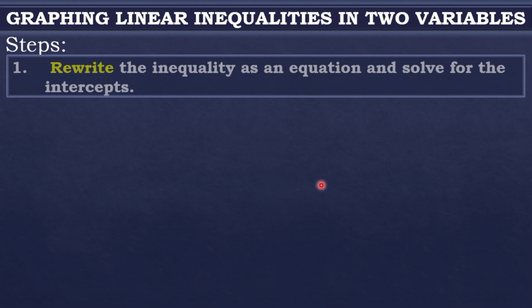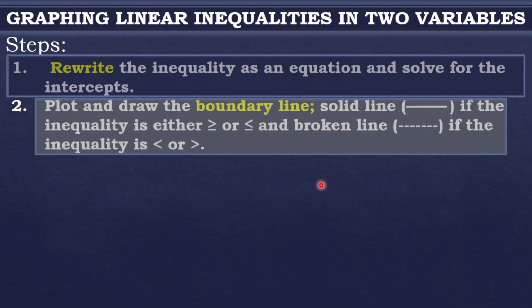So, kailangan mo siyang gawing equation para makuha mo ang intercepts. Kasi you cannot determine the intercepts if your mathematical sentence is an inequality. So, kailangan i-rewrite mo muna siya into equation for you to solve for the intercepts. Next, pag na-rewrite mo na at nakuha mo na intercepts mo, plot and draw the boundary line.